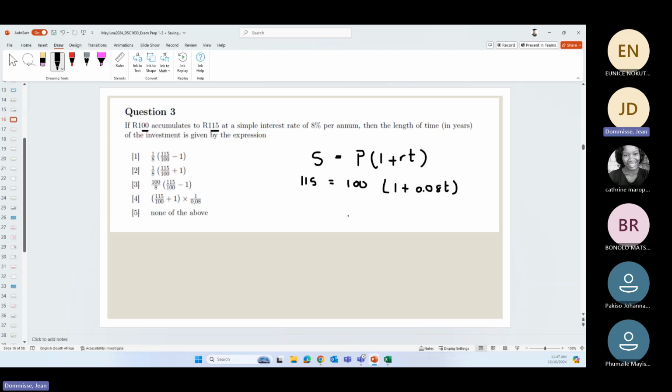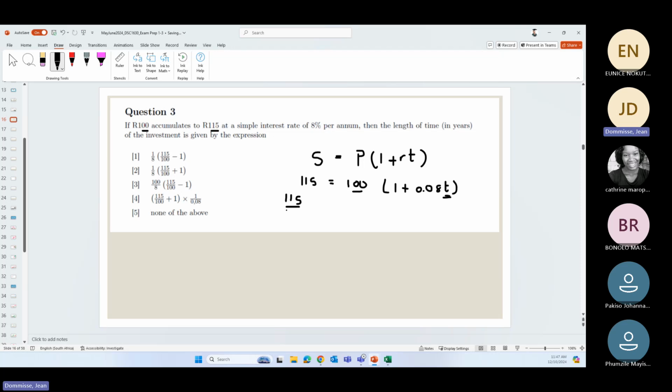We want to get to the t, so we want to isolate the t, but we don't want to get the final answer yet. The first thing we'll do is divide on both sides by 100.